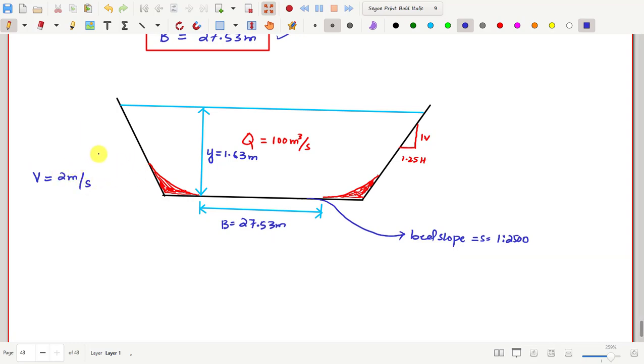So that means that we need to do the covering of bed and side slopes with concrete.